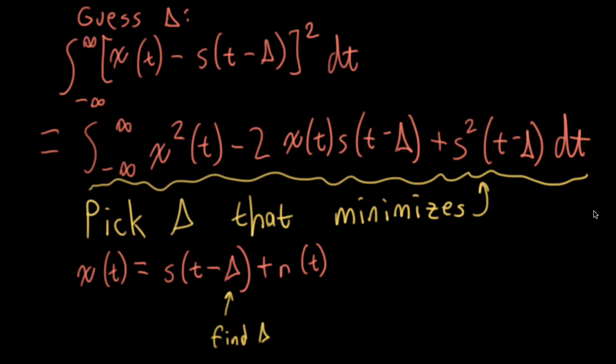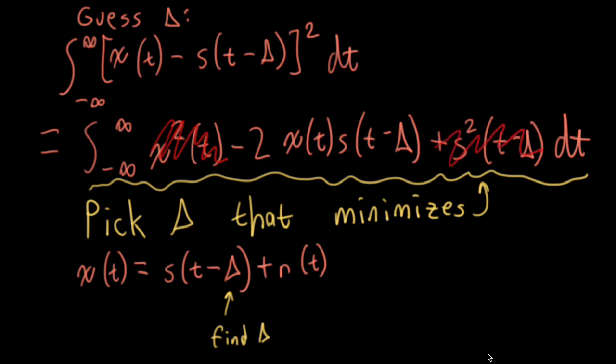Something to notice is that this x squared of t doesn't depend on delta. So we can leave it out of the computation if all we're trying to do is find a minimizer. And also, this s squared of t minus delta: if I think about integrating this quantity, regardless of where I shift it to, the integral is going to be the same. The integral of s squared of t minus delta is the same as the integral of s squared of t.